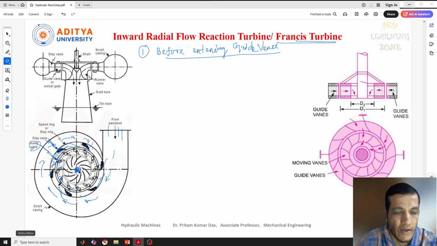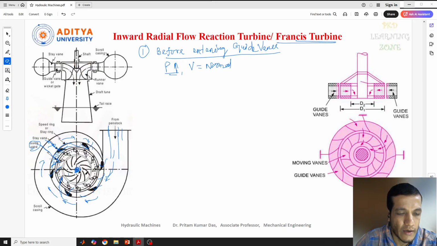So before entering this, high pressure will be there, and the velocity will be normal. Velocity is in the higher mode when it is coming through this pipe, and before entering this one, even at high pressure, it enters this turbine.